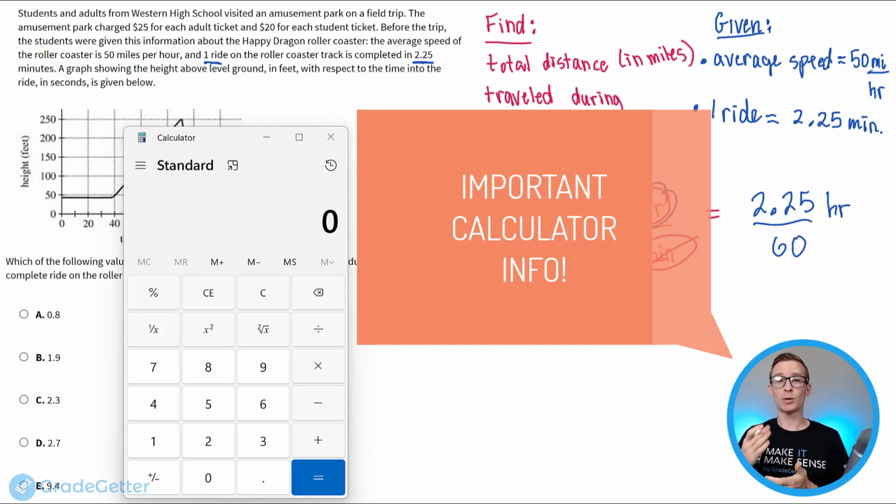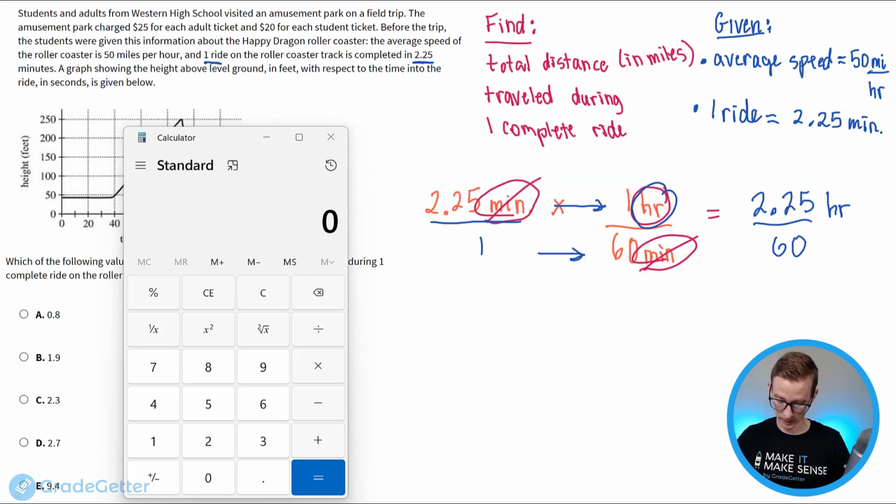In fact, that's one of the main reasons why students are excused from taking the ACT, is because they brought a TI-89 into the test, which you're not allowed to do. So make sure you get a TI-84 or some other calculator that you would prefer to use that does not have a CAS system. I'm just going to use the Windows calculator app to solve this problem.